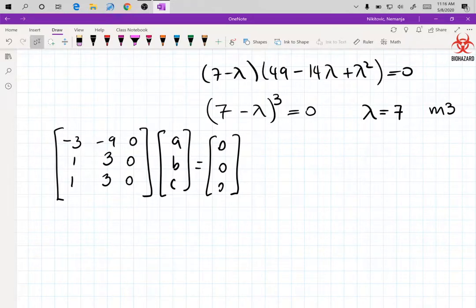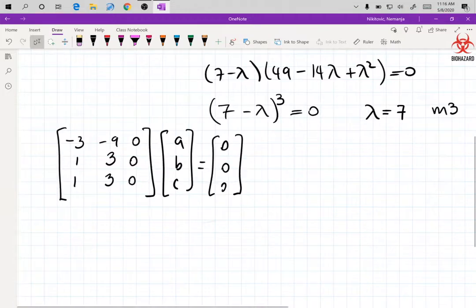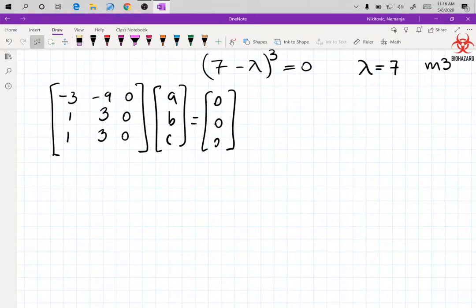All right. So now we are supposed to solve this, and as you can see, all 3 equations are the same. If you divide the top one by negative 3, you get also 1 and 3 and 0, right? So you can just say 1a plus 3b plus 0c equal to 0.